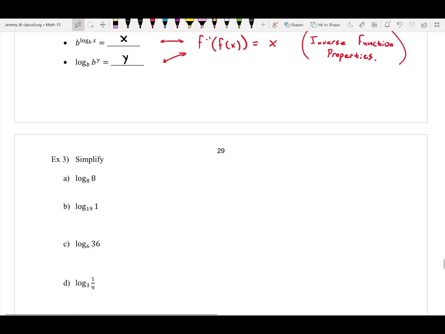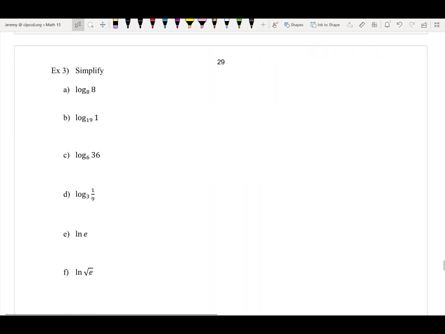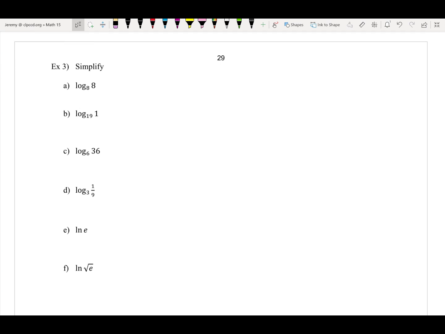Okay, let's try example 3. This is just doing some arithmetic with logarithms, so let's see if we can figure these out. For A, we're looking at log base 8 of 8. It's hard to imagine that this simplifies down to some real number, but it does.